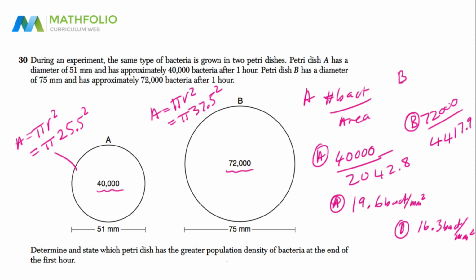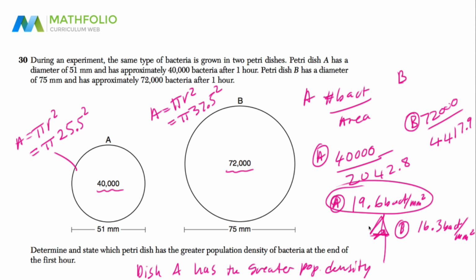So dish A has the greater population density, and the evidence is right up here. It has 19.6 bacteria per millimeter squared compared with 16.3 bacteria per millimeter squared. So that's question number 30.